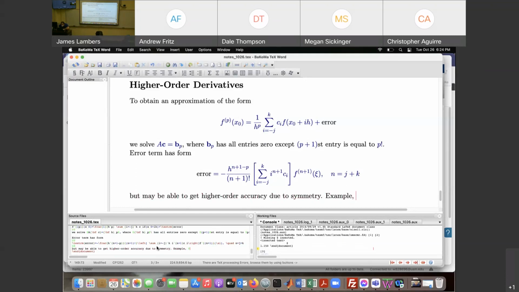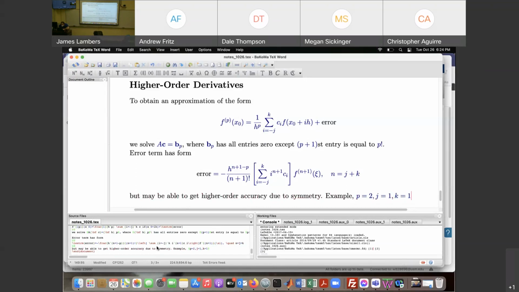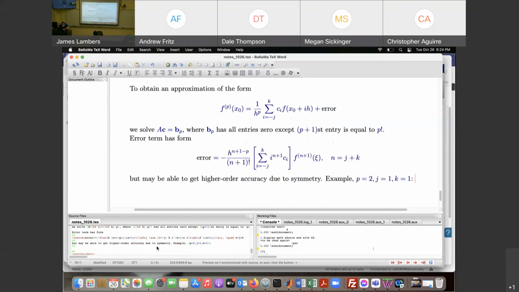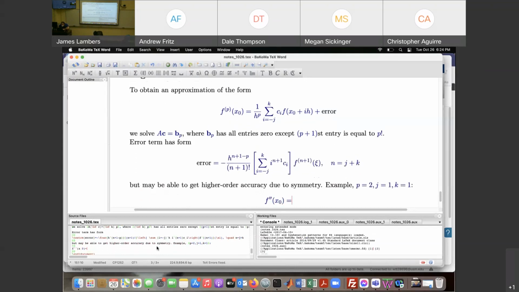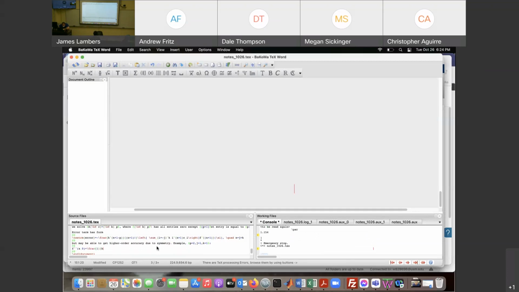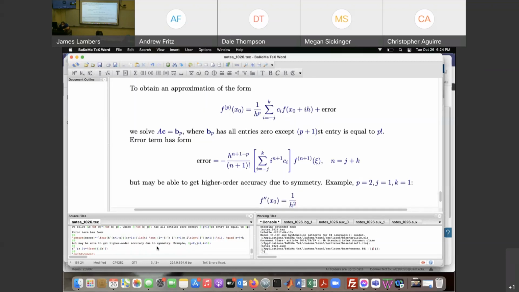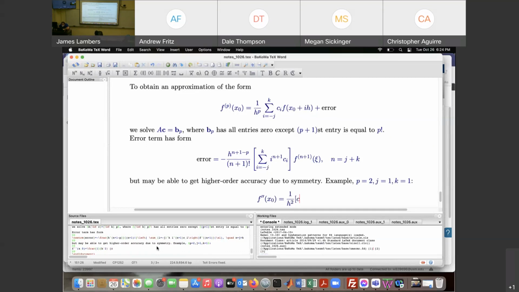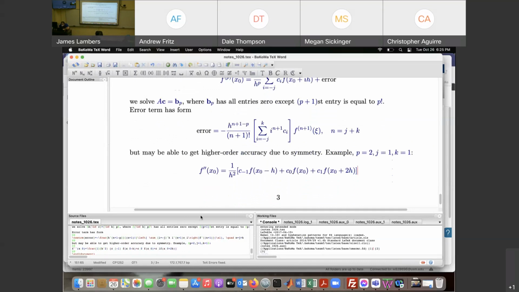So as an example, I'm going to let p equal 2, j equal 1, k equal 1. So I want the second derivative, 1 over h squared, and it's going to use 3 points: c minus 1 f of x naught minus h, plus c naught f of x naught, plus c1 f of x naught plus h, plus error.